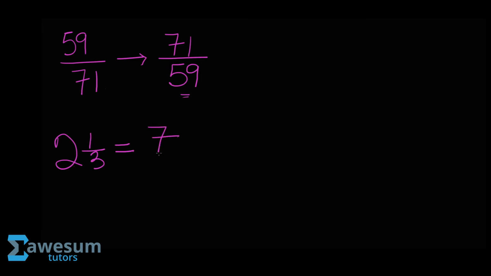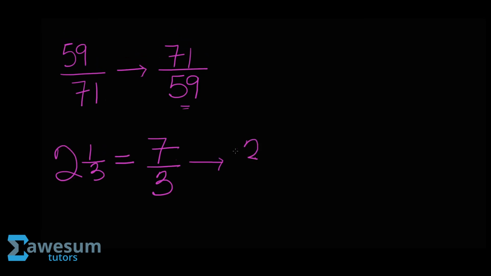This is 7 over 3. Now the next thing is, what is the reciprocal of 7 over 3? That is going to be 3 over 7, because 7 goes to the bottom and 3 goes to the top.